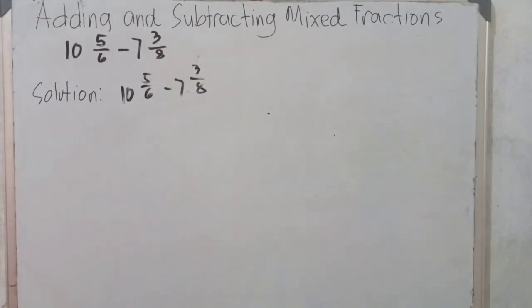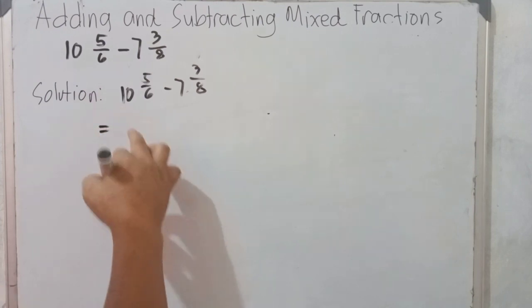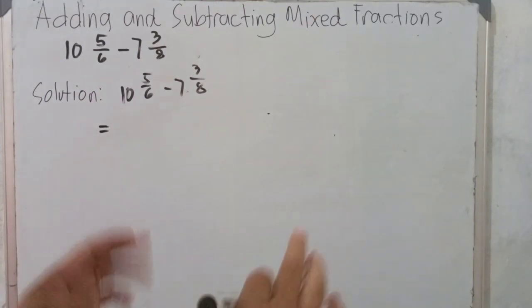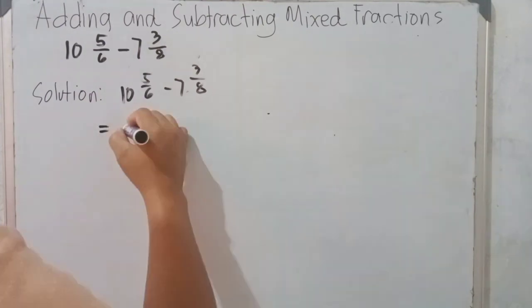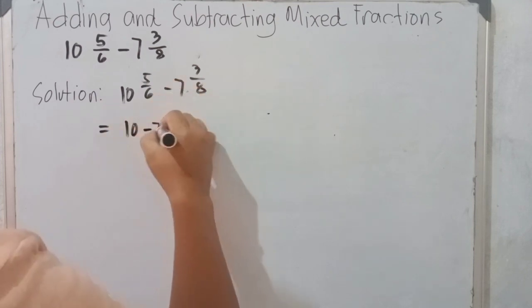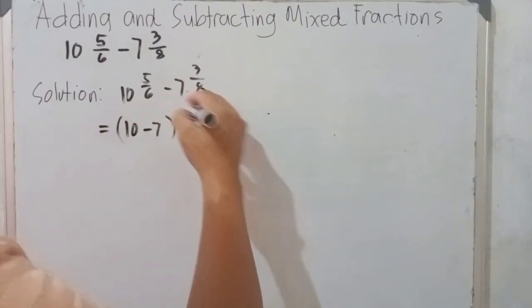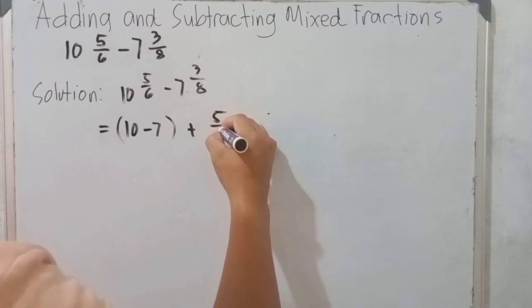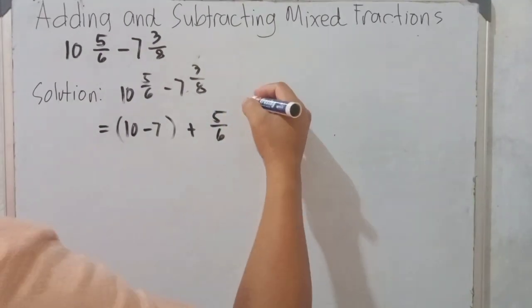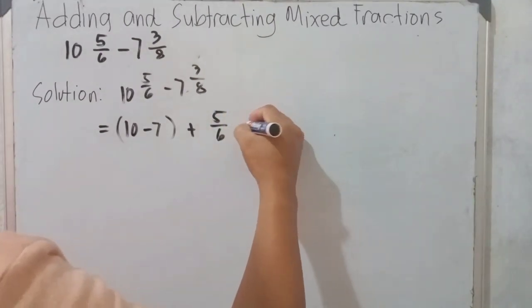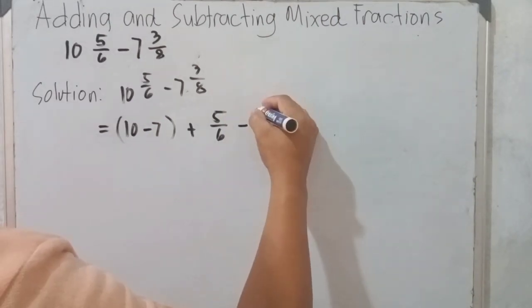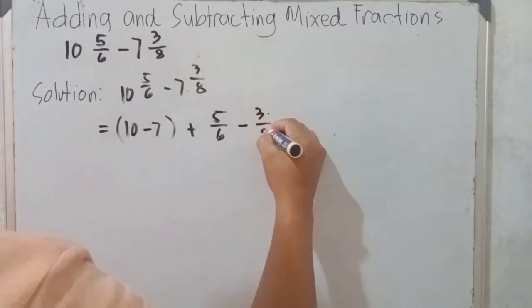As usual, we separate the whole number and the fraction. 10 minus 7 plus 5 over 6 minus 3/8.